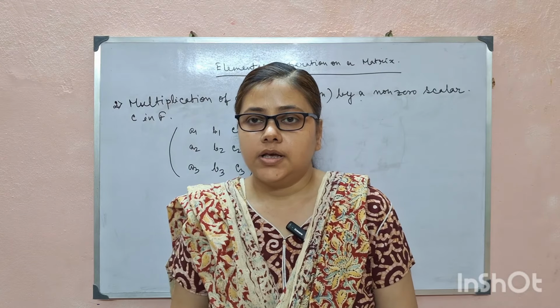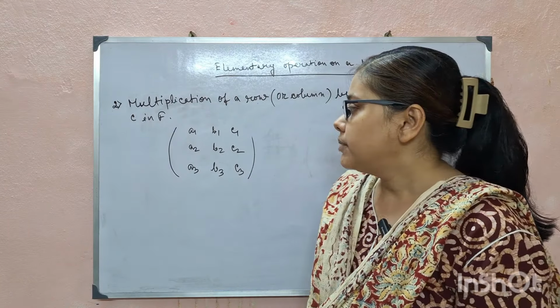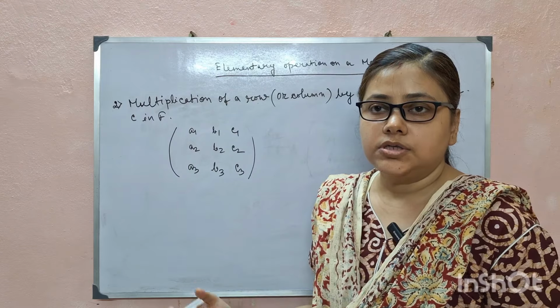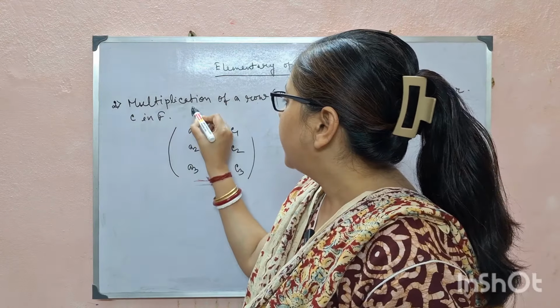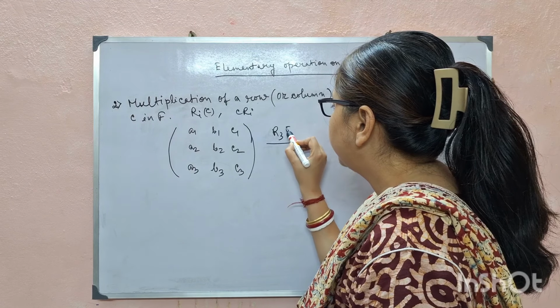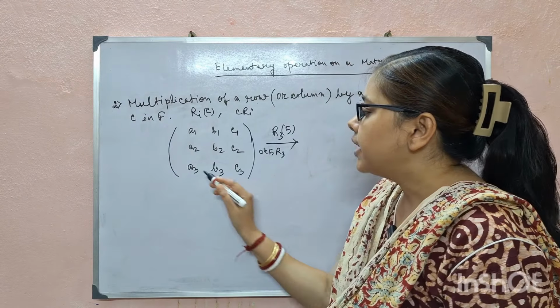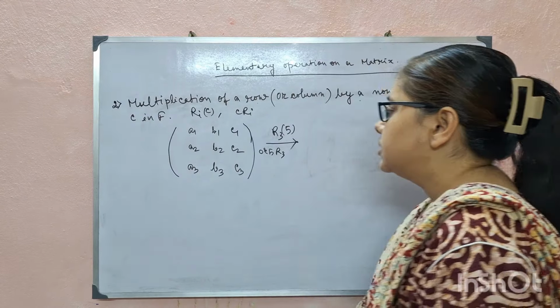Our next operation is multiplication of a row or column by a non-zero scalar C in F. That is, you are multiplying any row of the matrix by a non-zero scalar C, which is denoted by R_i(C) or C R_i. It means you are multiplying the ith row of the matrix by the non-zero scalar C. Suppose this is a matrix A1, B1, C1; A2, B2, C2; and A3, B3, C3, and I am operating with R_3(5) or 5 R_3. It means I am multiplying the third row of the matrix by the non-zero scalar 5.